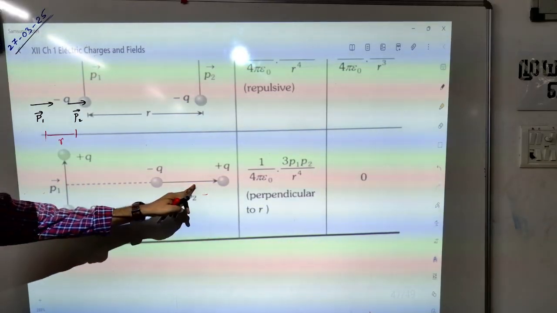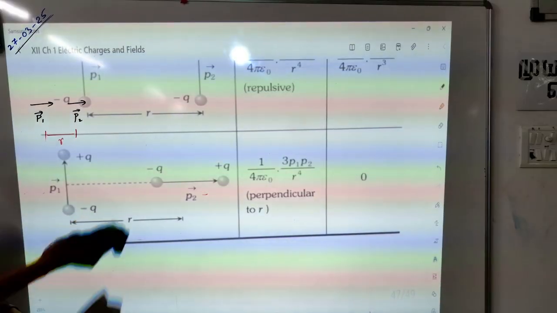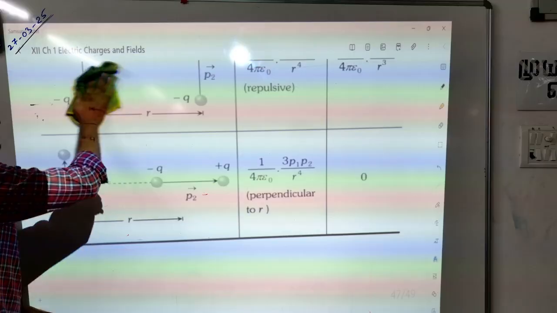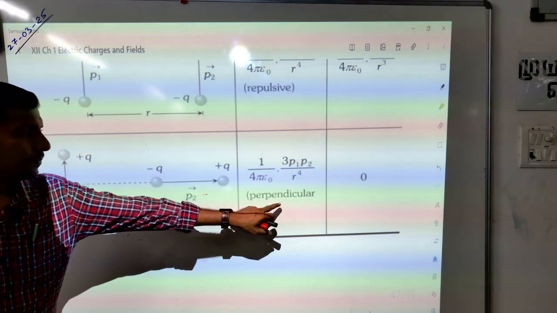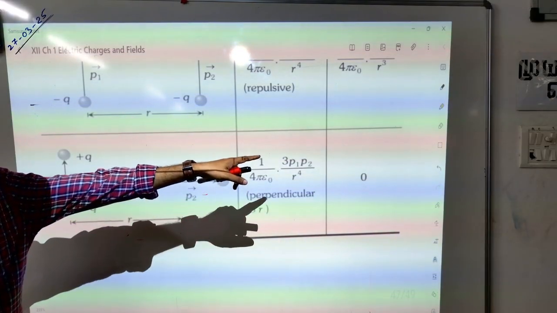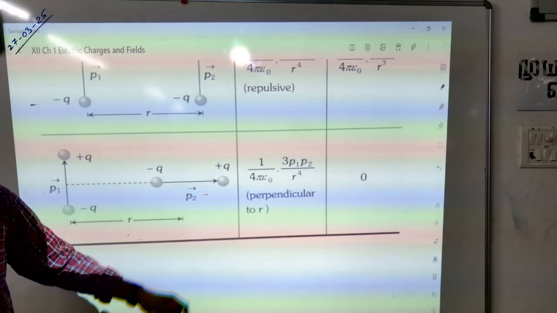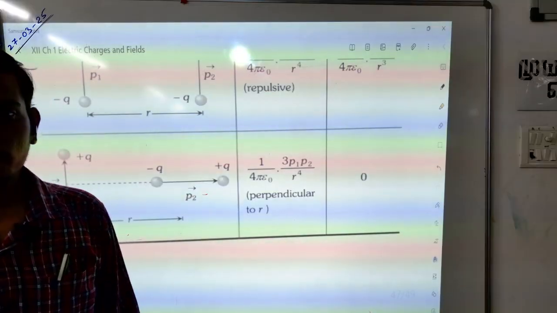Watch this, from the center of this dipole to the center of this dipole. Under that condition, the net force is equal to K into 3 P1 P2 divided by r to the power 4, and net potential energy is equal to 0.